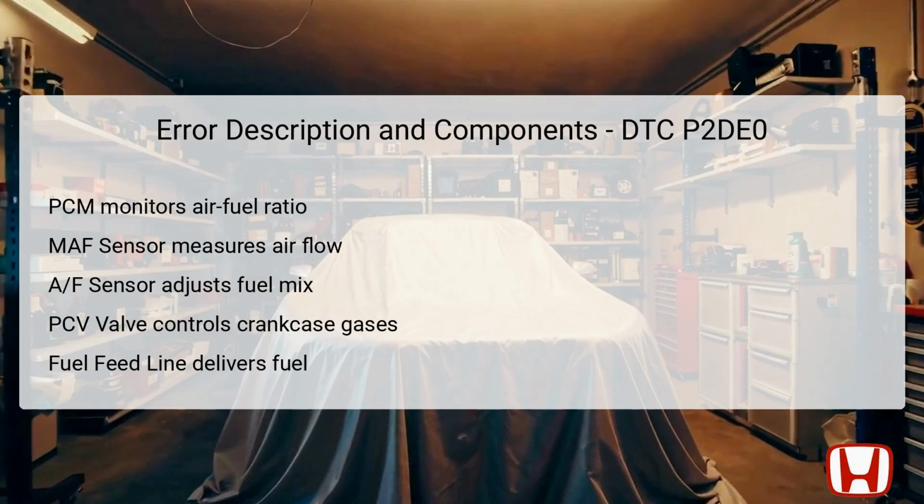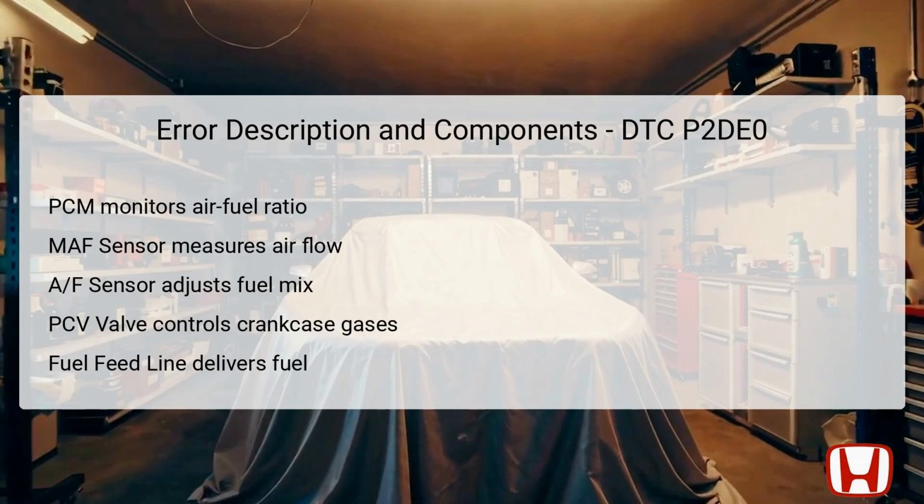Another important component is the Positive Crankcase Ventilation, PCV valve, which helps manage crankcase gases and maintain optimal pressure. The fuel feed line distributes fuel from the tank to the engine, while the exhaust gas recirculation, EGR system, although not specifically mentioned, can also influence air-fuel ratios.